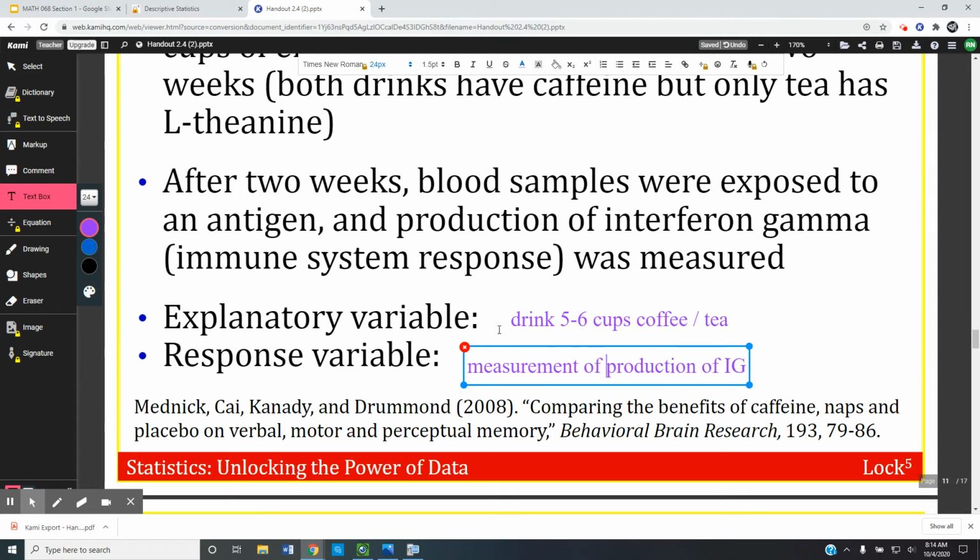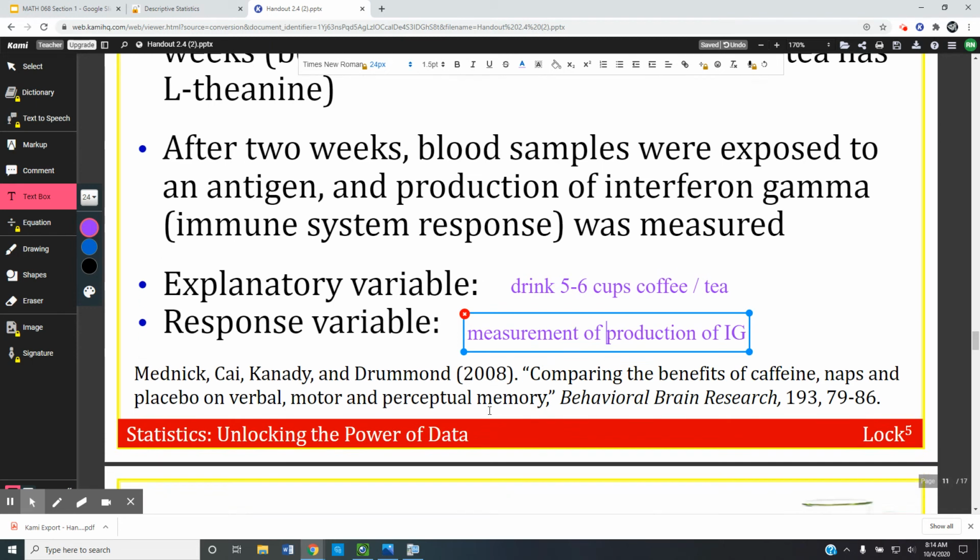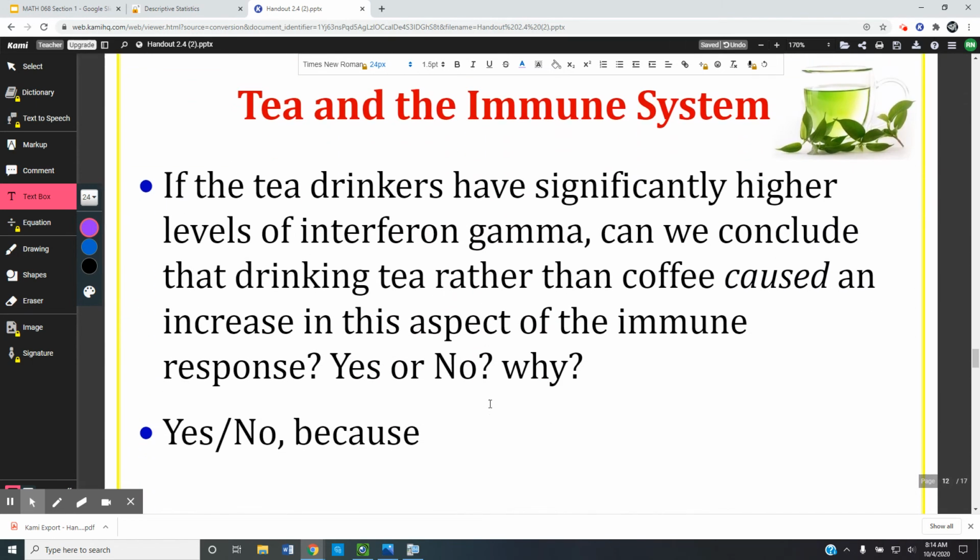Now, what are we actually going to do here? If the tea drinkers have significantly higher levels of interferon gamma, because remember, we need to find significance between the two groups, we can conclude that tea rather than coffee caused an increase in this aspect of immune response. And it's asking us, yes or no?